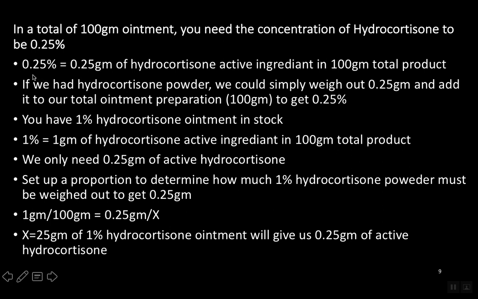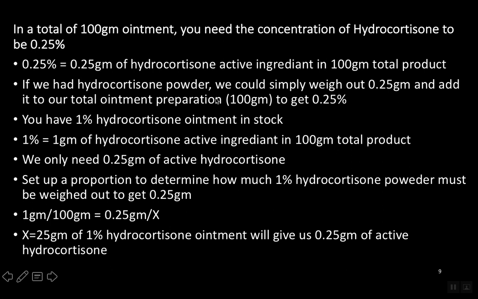The prescription wants 0.25% hydrocortisone; in other words, 0.25 grams of hydrocortisone active ingredient in 100 grams total product. If we had hydrocortisone powder, we could simply weigh out 0.25 grams and add it to our total ointment preparation to get 0.25%. Since your total is already 100, the concentration gave you the answer, so you would just weigh it out.